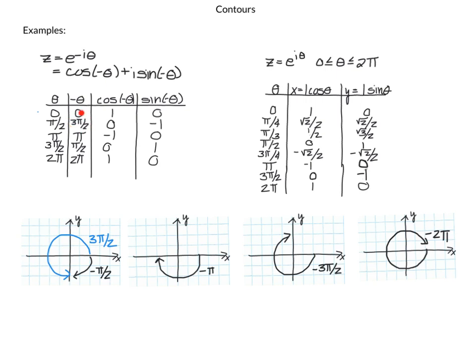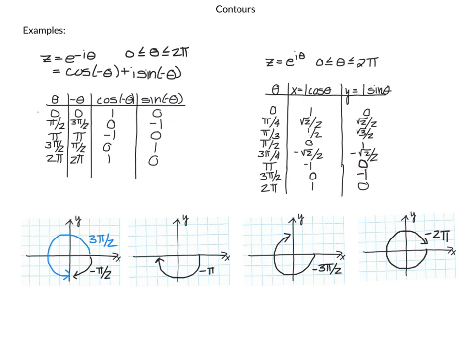So this is what I have written for negative theta. If theta is pi over 2, negative theta is this angle here, which is equivalent to 3 pi over 2. So I look up 3 pi over 2, and I see that x is equal to 0, y is equal to negative 1.